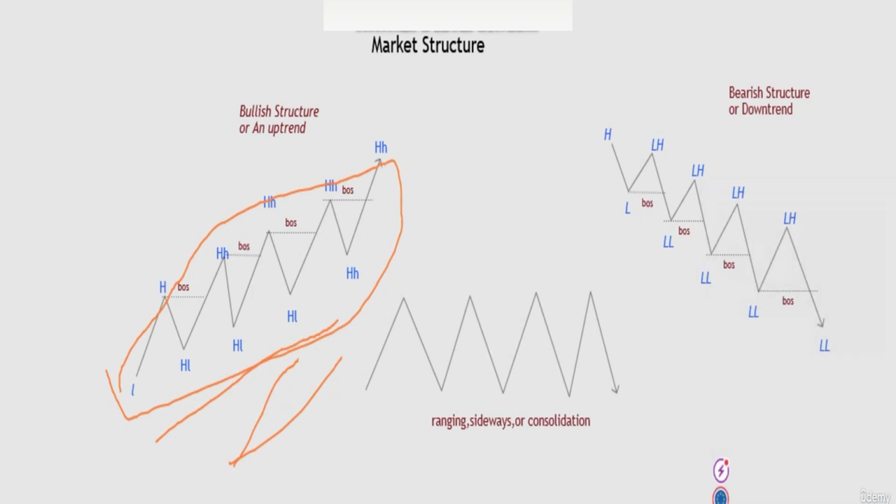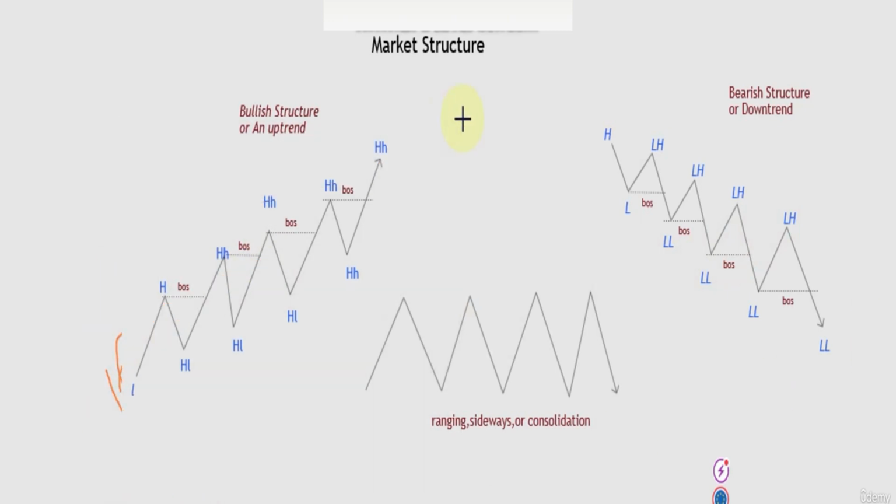So now let me get this off. Now, let's say this is the low of the market and this is the high. When the market goes up first, it pulls back a little, it comes back down.